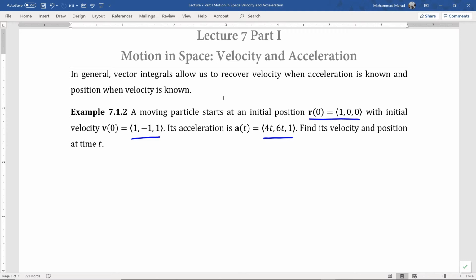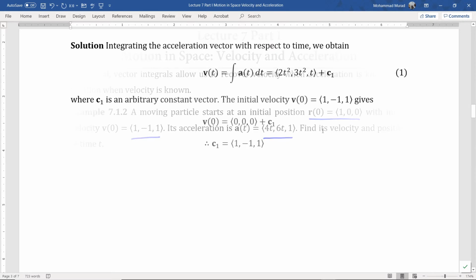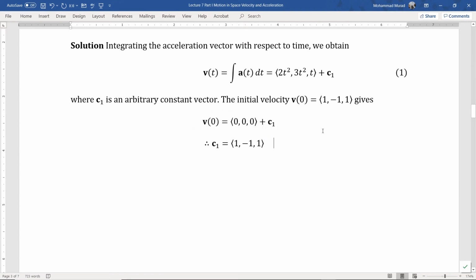Let's have a look at the solution to this problem. Integrating the acceleration vector with respect to time, we obtain the velocity vector.